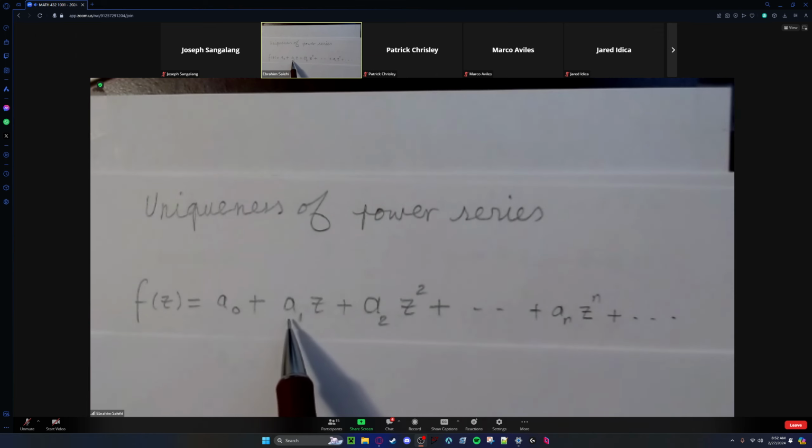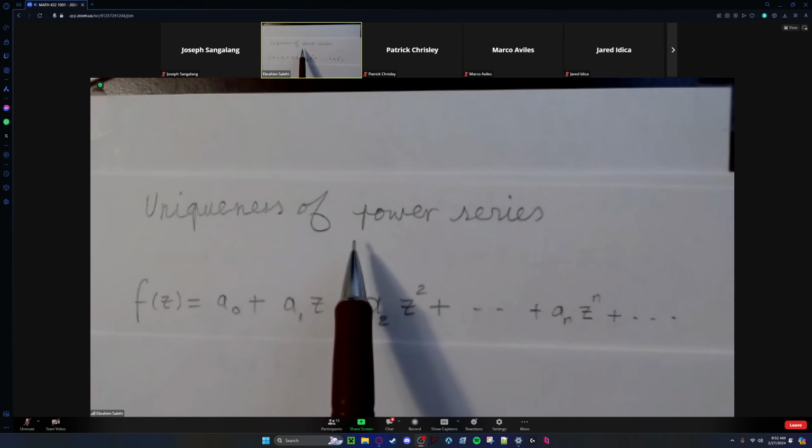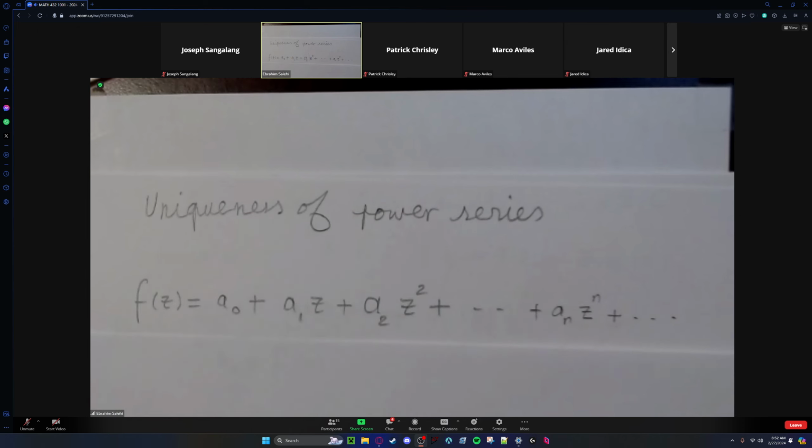In order to show that the power series representation is unique, you want to say that, all right, there is no way that we can have a different number here. Why? Here is why.